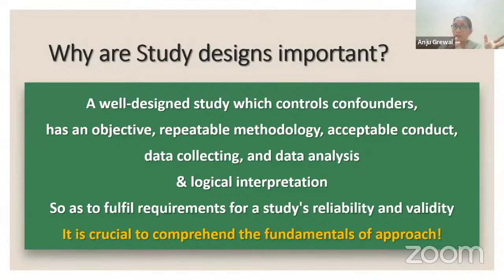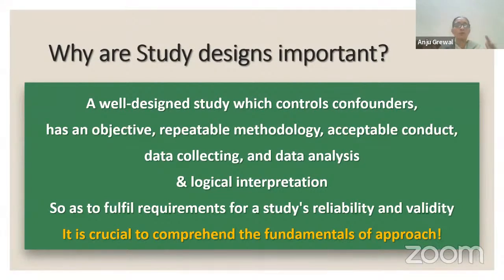So what do we really want to do? We need to look at a study design that will help us measure, understand, and control our confounders, provide us with an objective and reproducible methodology, which can be acceptably and ethically conducted in your clinical settings.